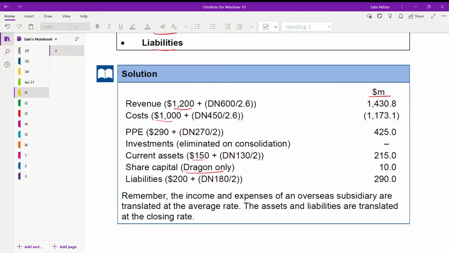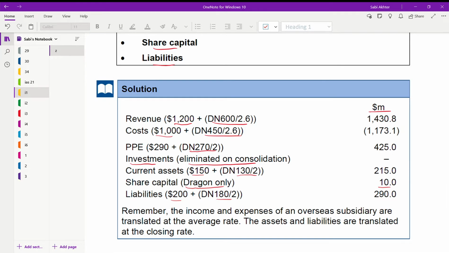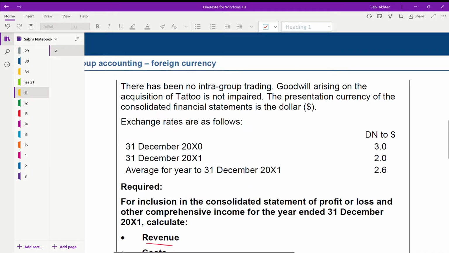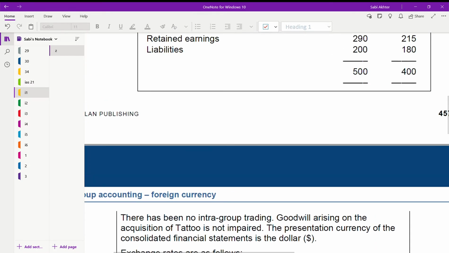So when you are taking the subsidiary, you are just converting it, right? And investments, remember there will be no investments. This will be eliminated on consolidation. So the only thing which I'm going to tell you here is what rates you have to use. That's it. Answers you can automatically find out.